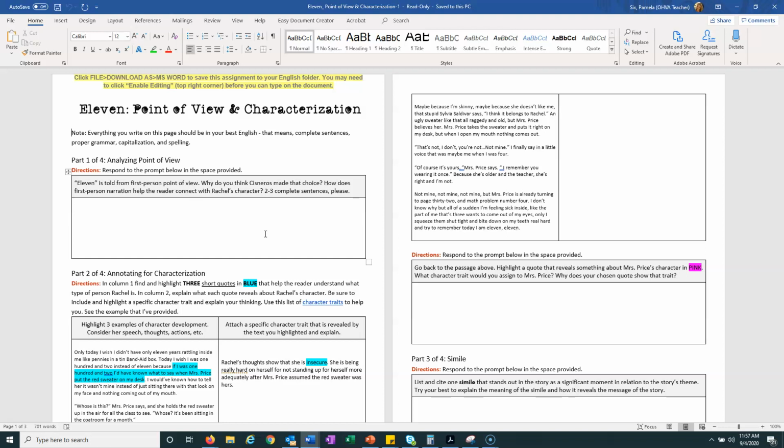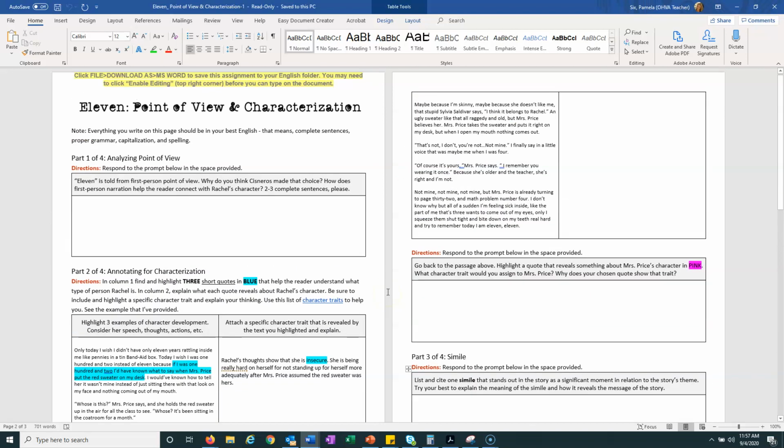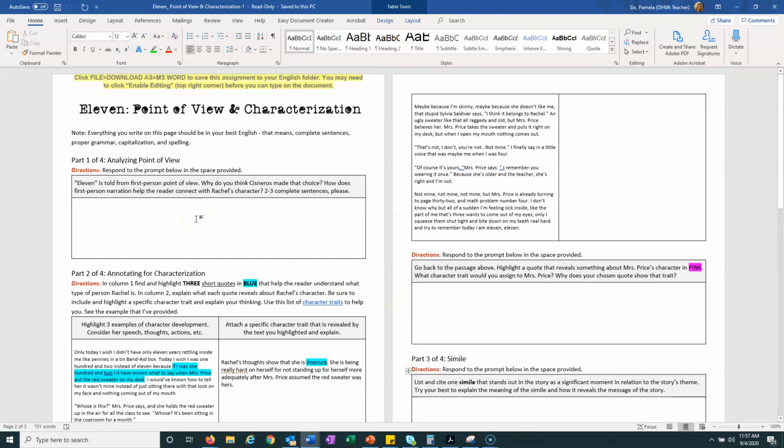So for annotation, you should be able to just type in the boxes. So that should be pretty easy for you. But what you're going to do is definitely look, there's 4 parts to this assignment. And in some of the parts, there are more than one thing that you need to do. So that's going to be really important.